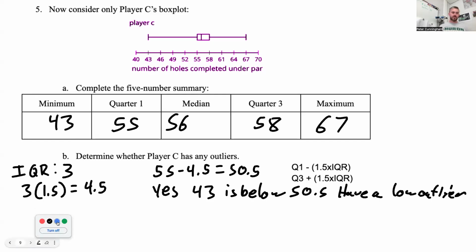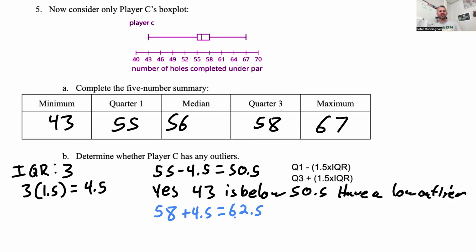Last color of the review. I think, yeah, last one. So let's make it blue. Let's end where we started. So we're going to do the same thing, but with quartile 3, 58. We're going to add 4.5. 58 plus 4.5 is 62.5. So this is not just using your eyes to think, hey, I think there might be an outlier.